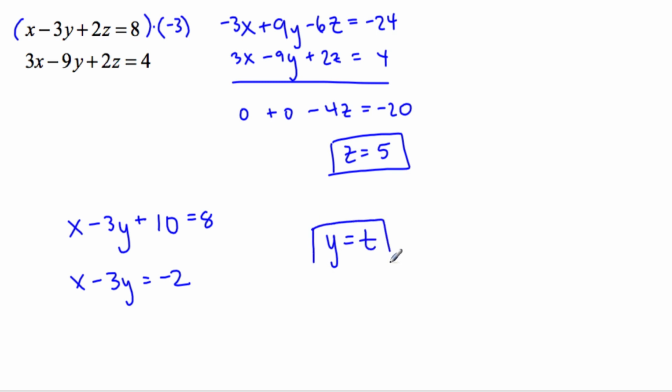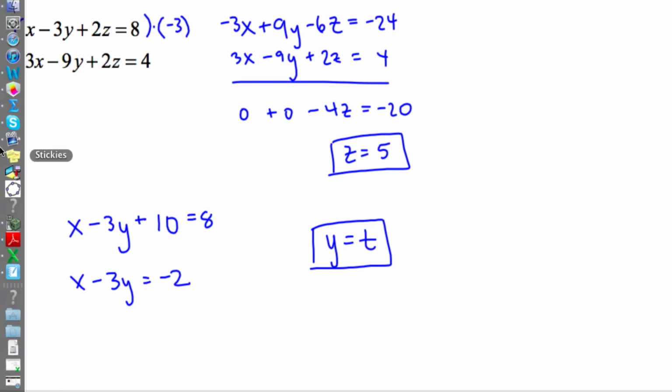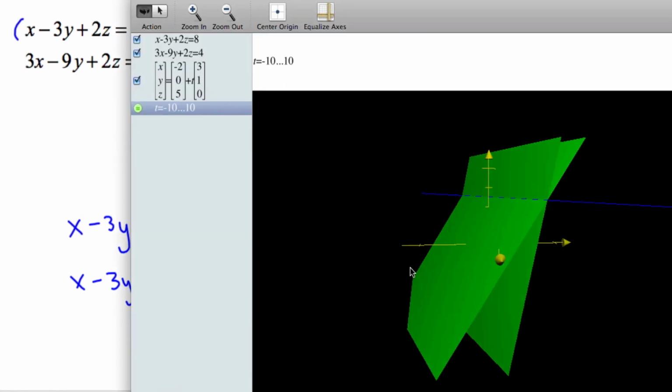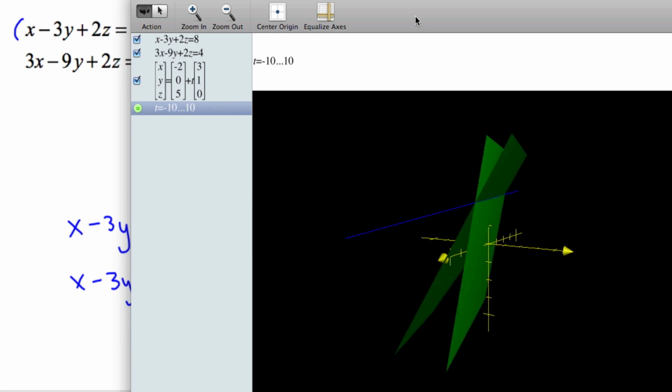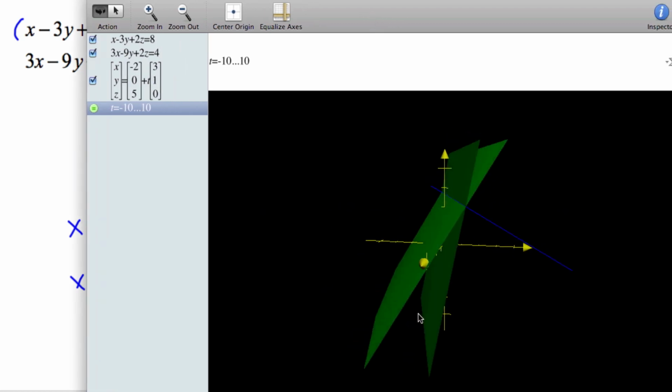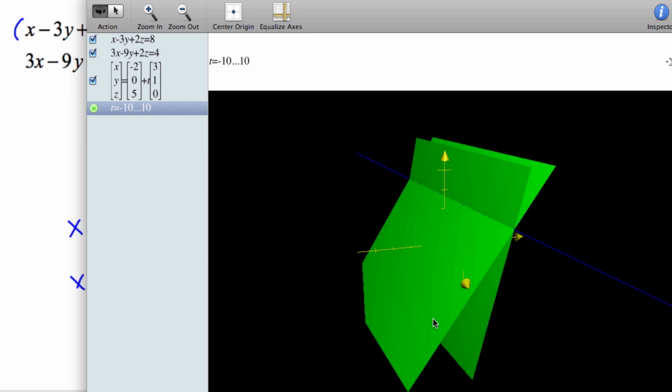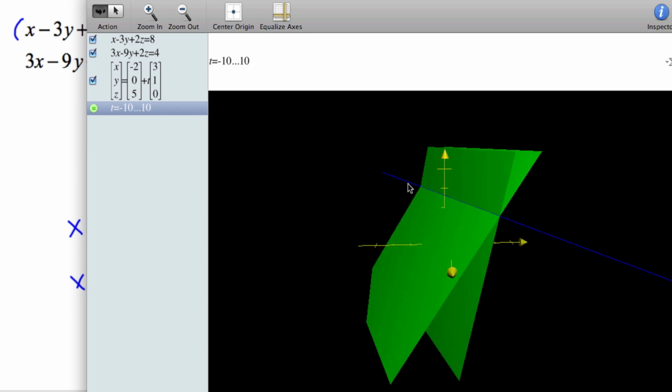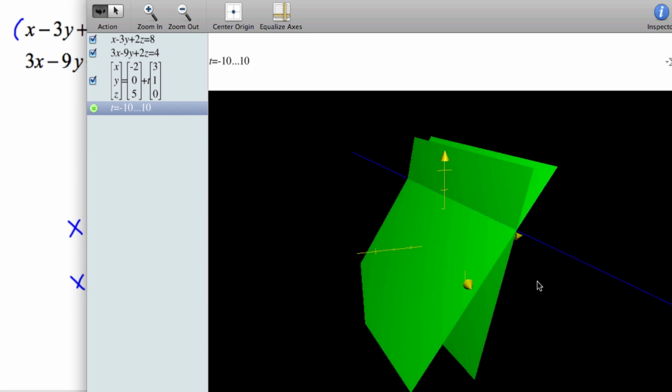The reason I'm doing that is because of the line that exists in these two planes, and I can even show it to you here. The line that exists between these two planes, there are infinitely many ways to represent this line.